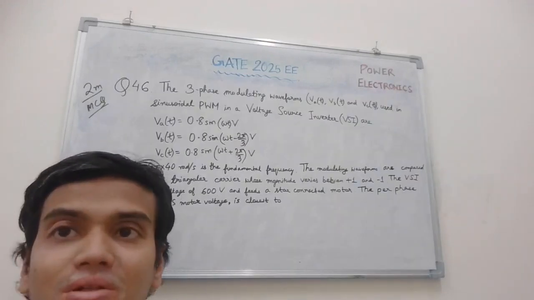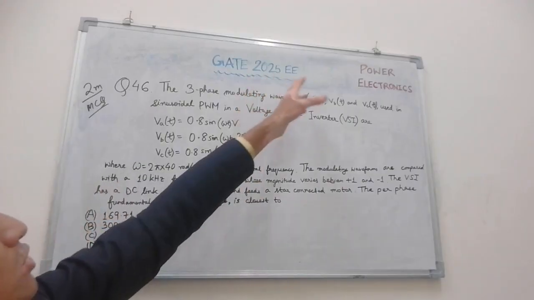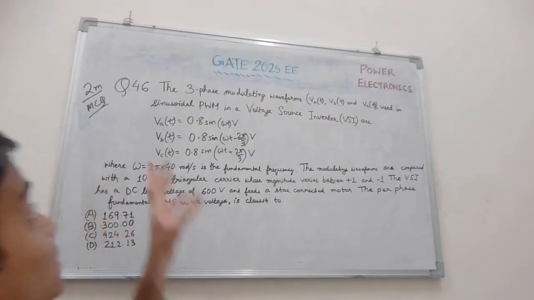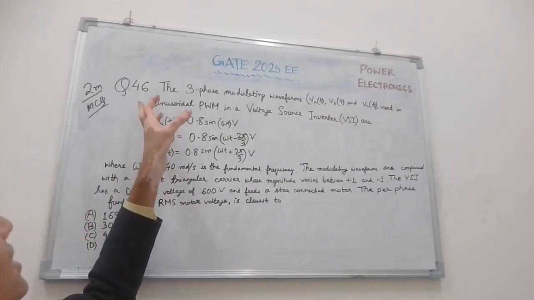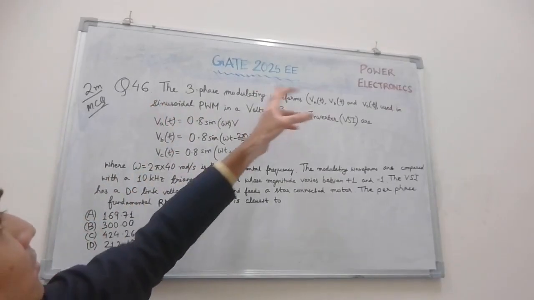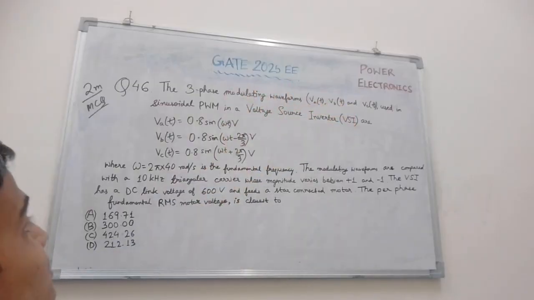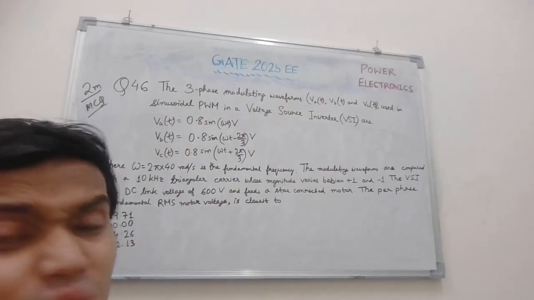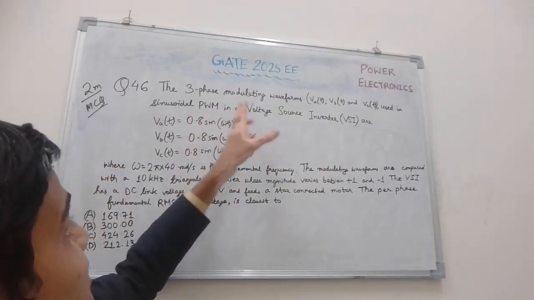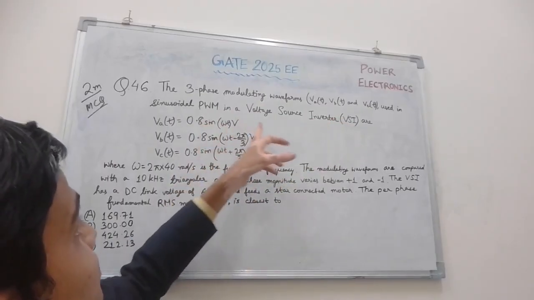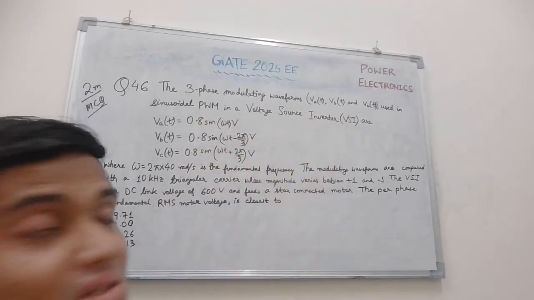Moving on to the next question. In this video, we will detail the solution to question number 46 from the power electronics subject. The question goes like: the three-phase modulating waveforms are given to a voltage source inverter, VSI.